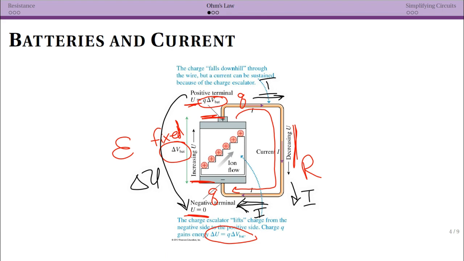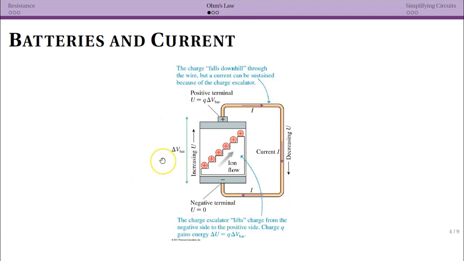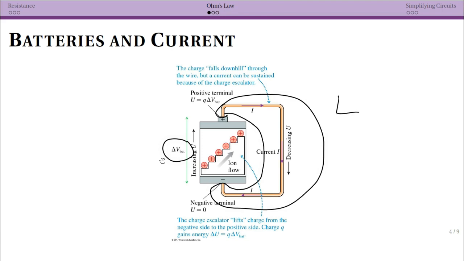So that isn't actually going to be controlled by the battery. Again, the battery gives us our change in potential. This wire, which has some length and some area and some material, means that it has some resistance. So the resistance of our wire is actually what controls how much current flows.